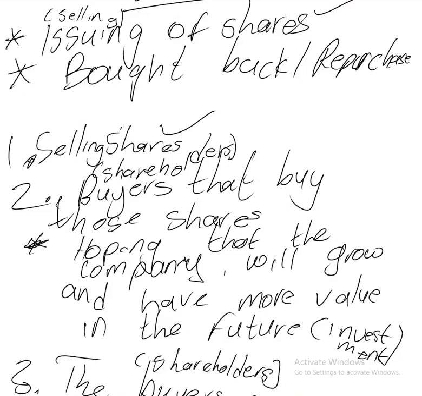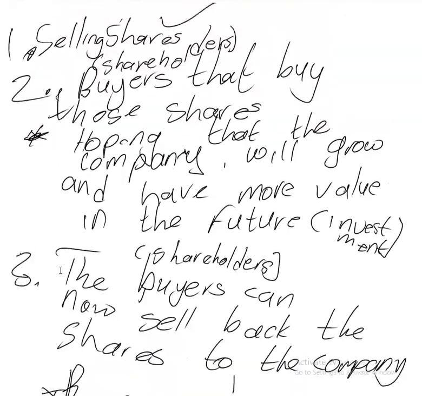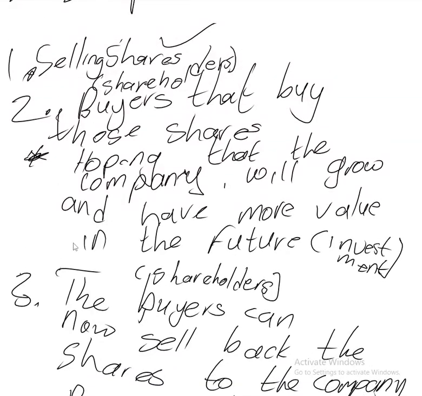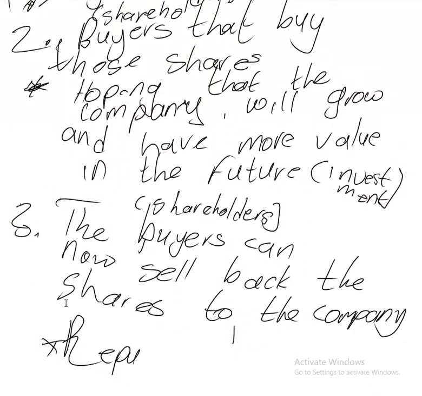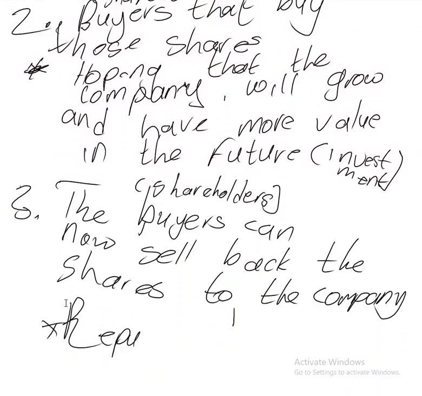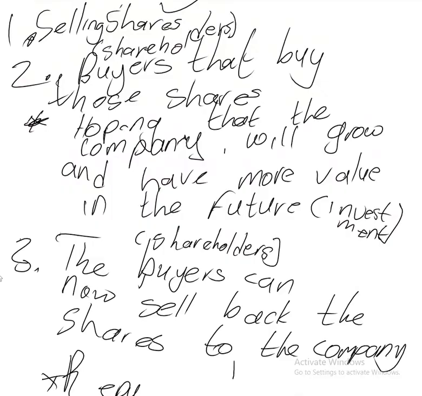Now, in the future, which is bullet number 3, once the shareholders feel that the company has grown enough and they have a good return on investment, they can now sell back the shares to the company.